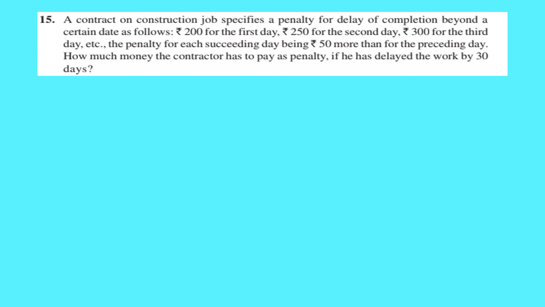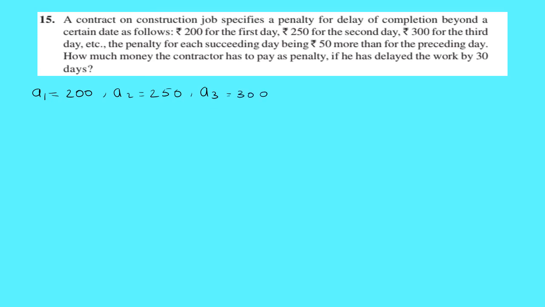Here, the amount he has to pay as a penalty is, for the first day it is 200, second day it is 250, third day it is 300, and it is already said that the penalty for each succeeding day being rupees 50 more. So here you can form an AP having the first term, that is A1 equal to 200, A2 equal to 250, A3 equal to 300.